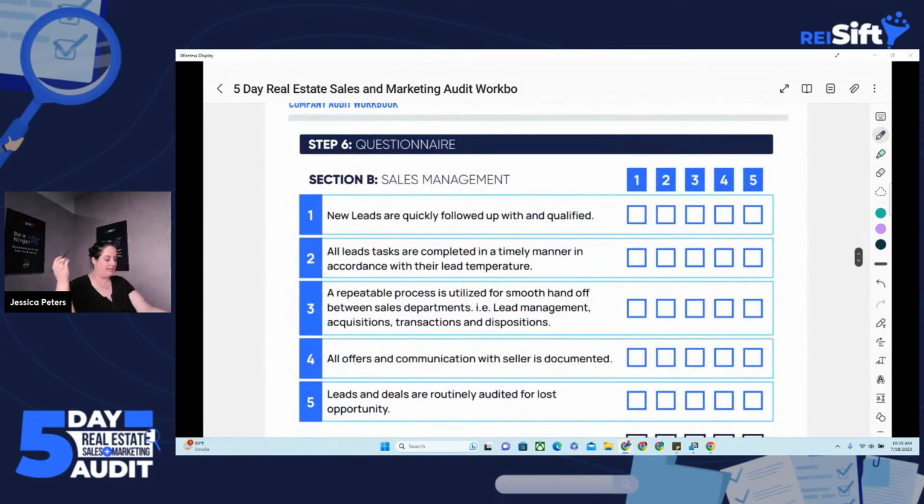Next section, again, I'll have you guys vote on number 3. So if you want to be ready for that, sales management: new leads are quickly followed up with and qualified. I'm going to give us a 5 on that because usually people have a process in place for this. Sometimes if it's just you and you get a new lead, you're going to talk to them right away. But especially once you hire a VA or something, if they get a new lead, you have a process in place so that your lead manager is notified, even if that's you.